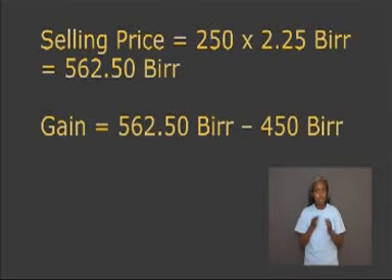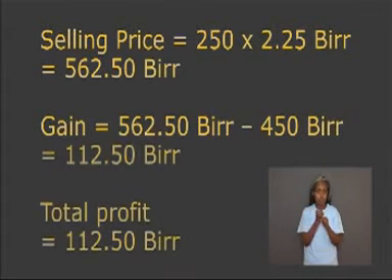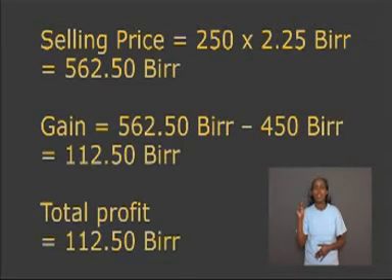If she sells all of the oranges, she will make a profit of 112.50 birr. Great work, students. I am sure that you can see how useful it is to calculate profit and loss.